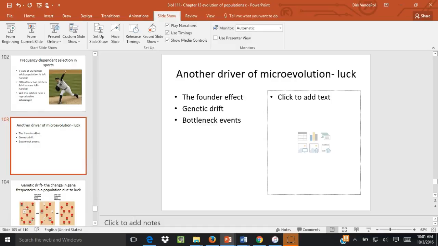I think that covers most of it besides natural selection, besides luck. Luck has an effect. Living things that are under natural selection and living things that aren't under natural selection are still subject to gene fluctuations based on luck.